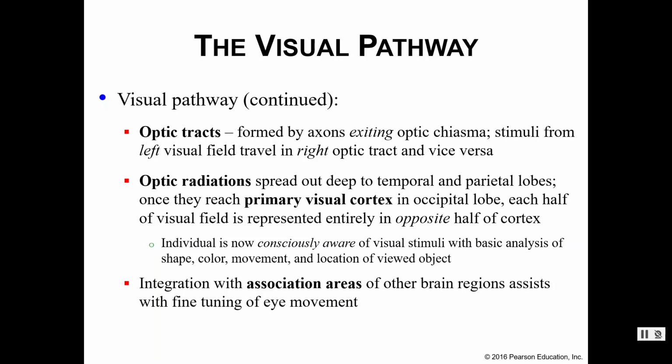Some of the other integration areas also let us determine whether or not we need to have some sort of motor response to what we're looking at. So perhaps you see zombies running towards you. The visual information is, oh, there's something running towards me. Your brain's like, oh wait, those are zombies. Oh wait, we should probably run away.